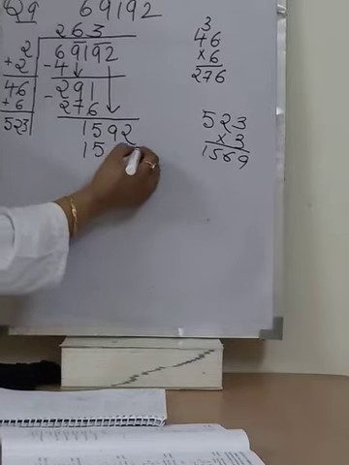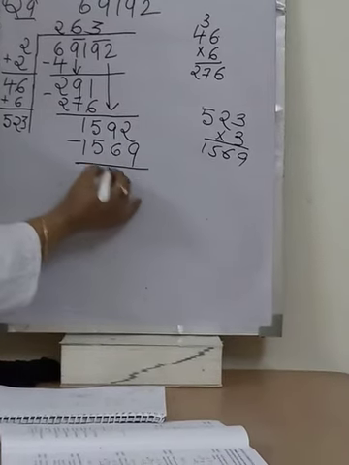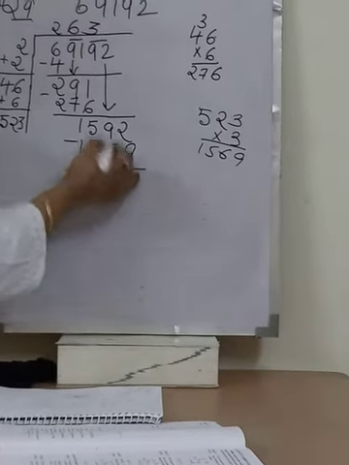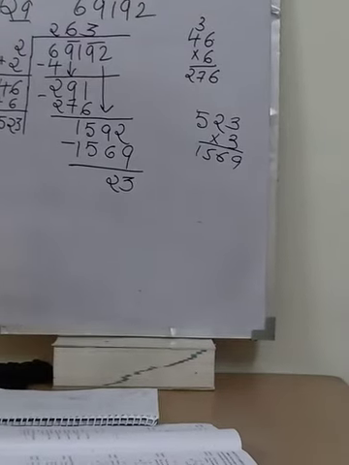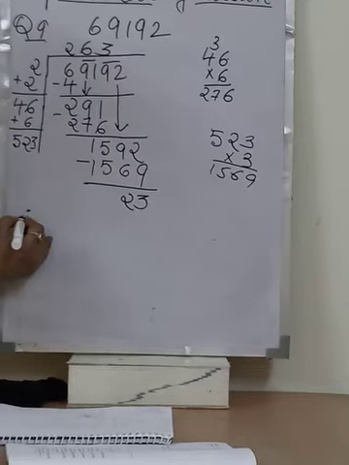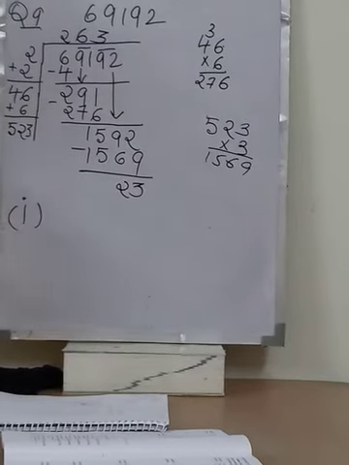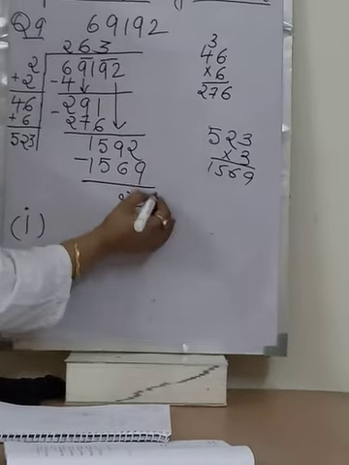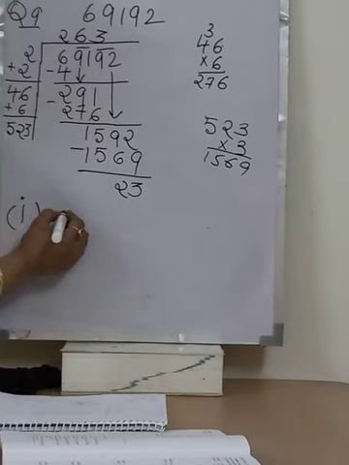So what do we get? Now we subtract. It is 23. So it's not a perfect square number. Now the first part: what must be decreased? If we remove this 23, it will become a perfect square.